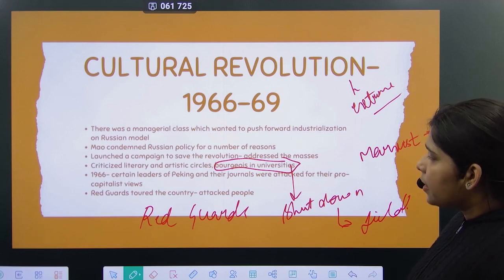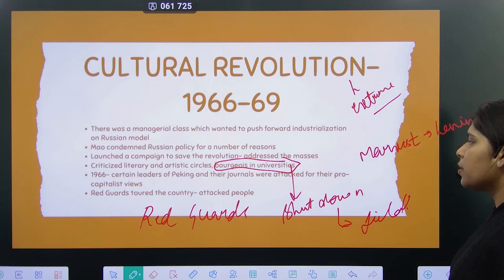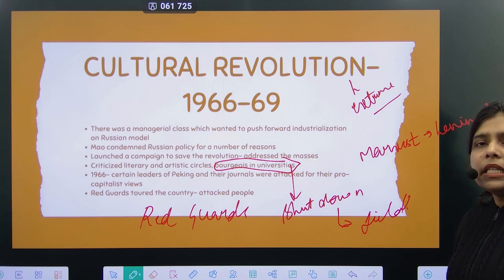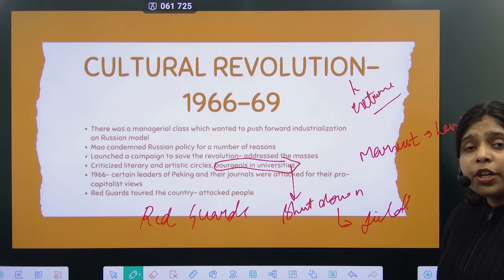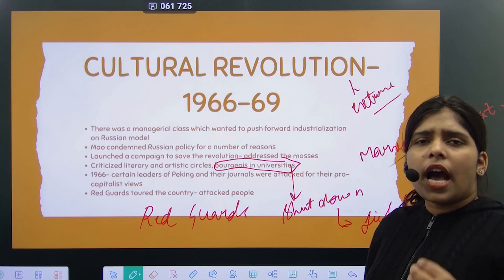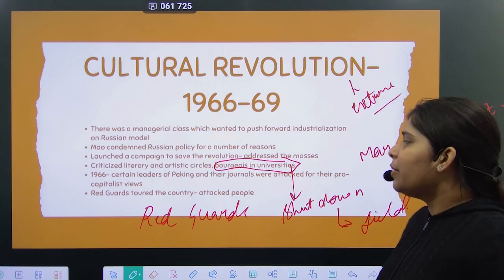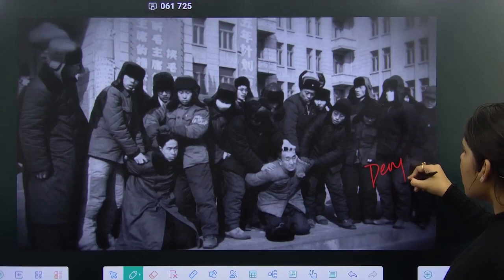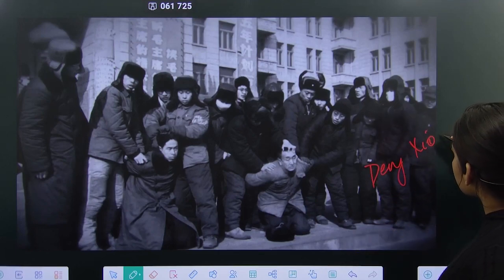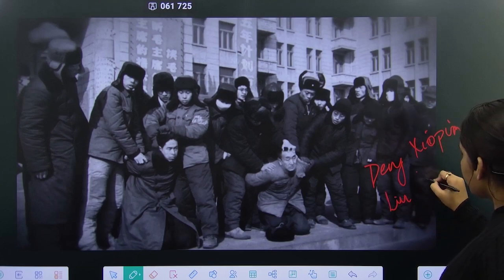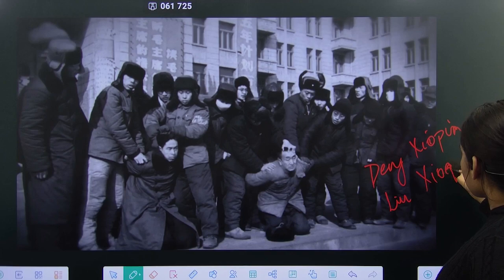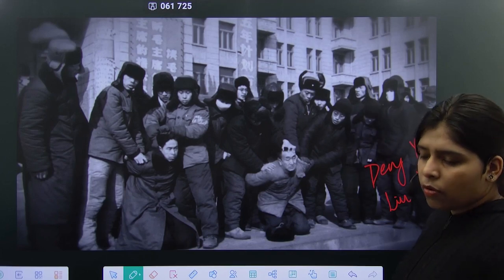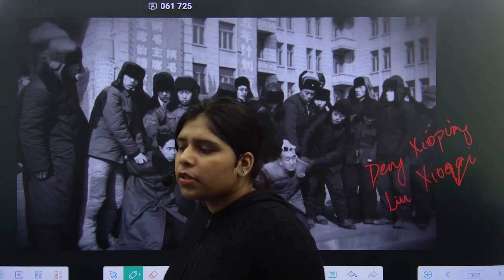Okay, in 1966, certain leaders of Peking and their journals were attacked for their pro-capitalist views. And the movement was taking an extreme turn where there was large scale violence committed against people. This violence was also committed against Deng Xiaoping, Liu Shaoqi, the prominent members of his own party who were not agreeing with his ideologies.